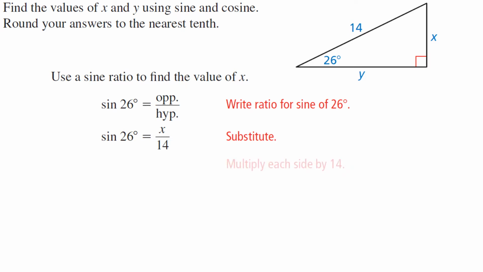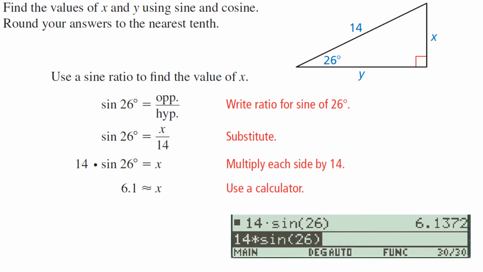Let's isolate the variable, multiply each side by 14. Again, you're going to have to use a calculator. And notice that I made sure my calculator was set for degrees. Directions said nearest tenth, so that's only one decimal place. So x is about 6.1.